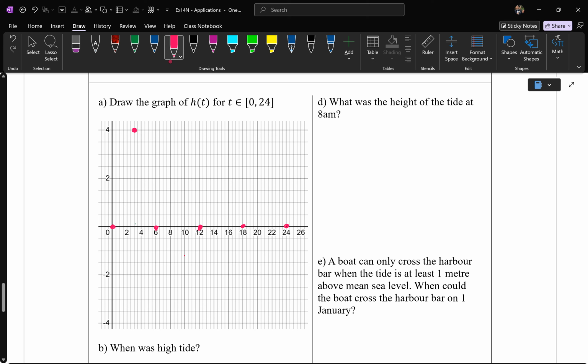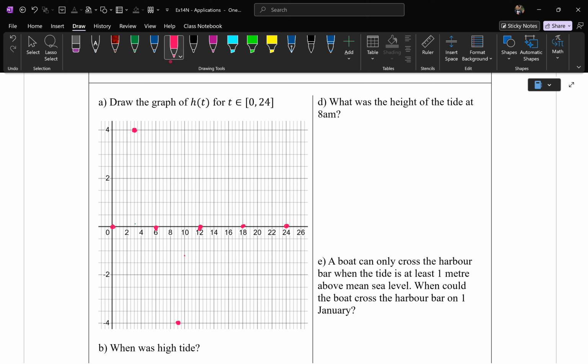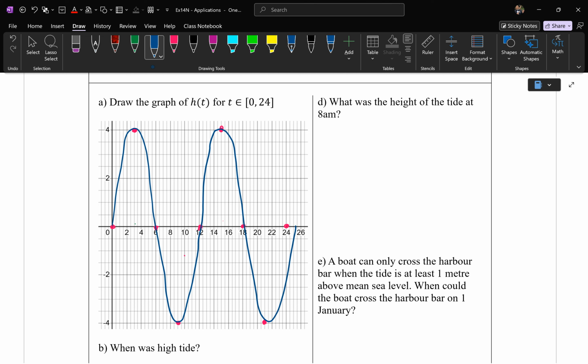Plus 3 is 9, so 9 is down here. 15 is somewhere up here, in between 14 and 16. And then 18, 21. 21's down here. So this is what your graph should look like. Something like that. I'm a bit off at the very end there.